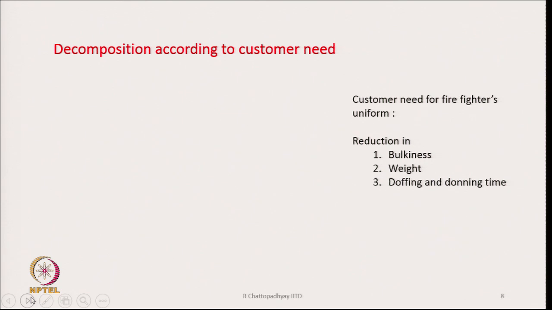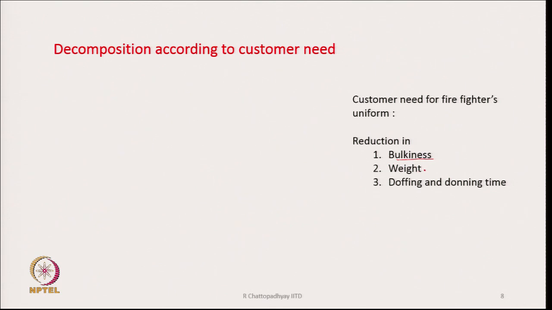After making a survey of the existing uniforms used by the firefighters, let us say we come to know that the firefighters are looking for reduction in bulkiness of the uniform, because that maybe creates hindrance to their activities. So, it has to be a trim type of garment or uniform to be produced.